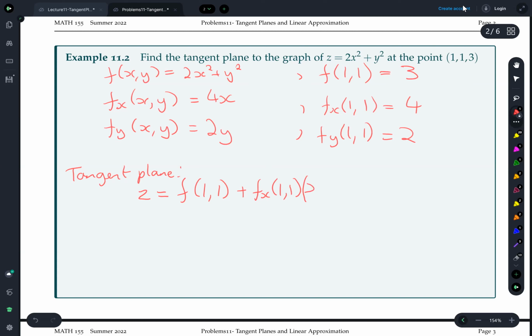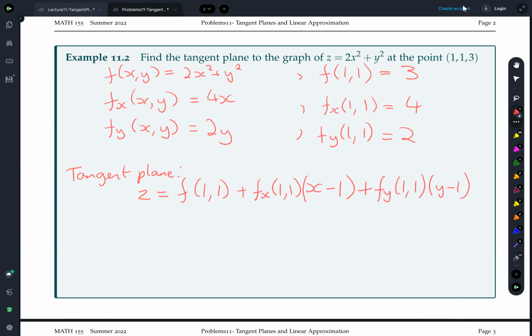Okay, good. And then what goes next? Yeah, partial derivative with respect to y at 1, 1 times by what? Y minus 1. Okay, good.